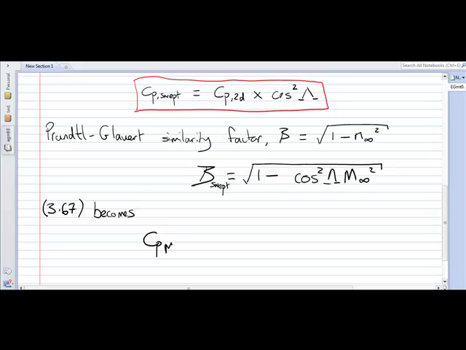Cp at a free stream Mach number of M infinity, with thickness factor tau and aspect ratio AR, but now for a swept wing, because of the above, now becomes cos squared lambda over the square root of 1 minus cos squared lambda M infinity squared.